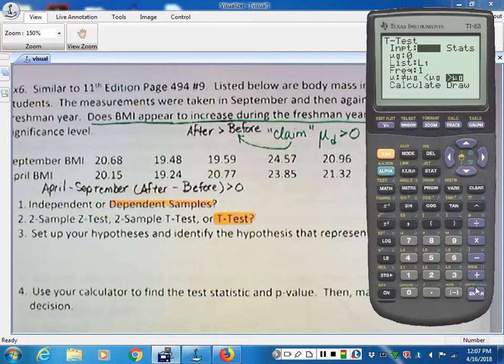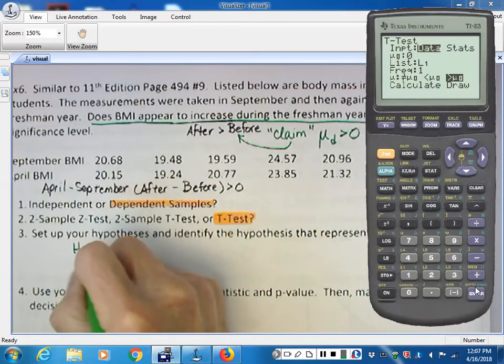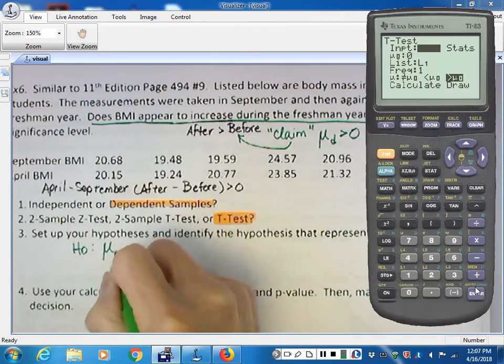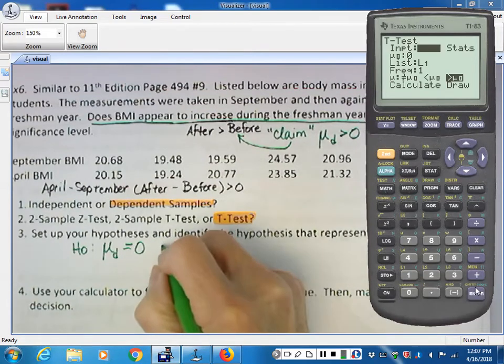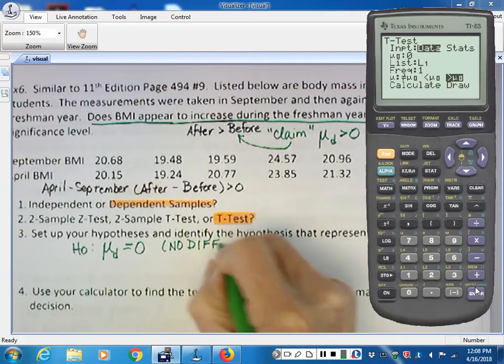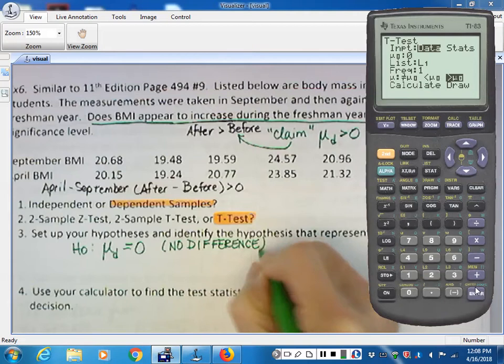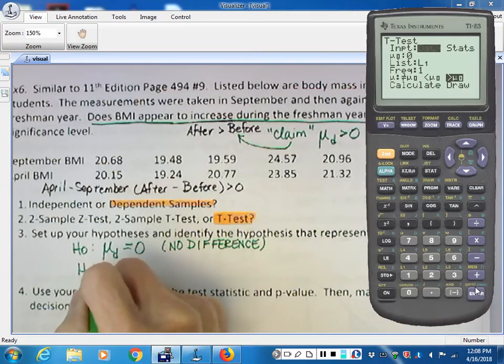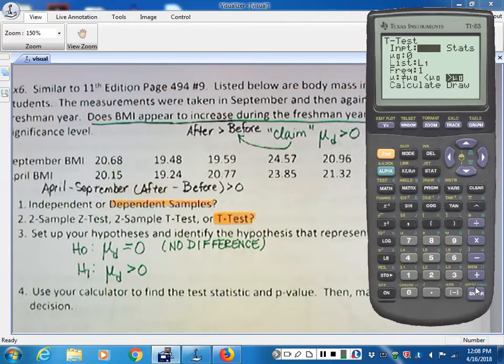And if that's our claim, then obviously that's not H0. H0 is there is no difference. In other words, the average difference was 0. So H1 says, yes, there is a difference, and the difference is positive.